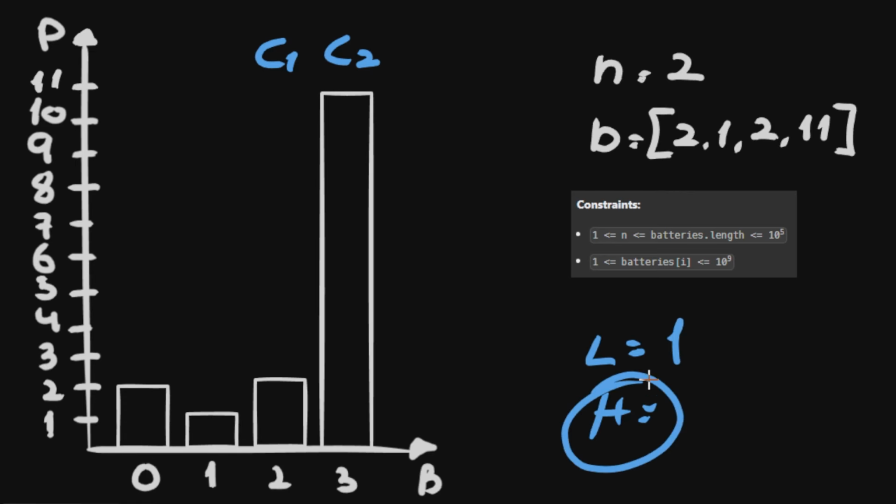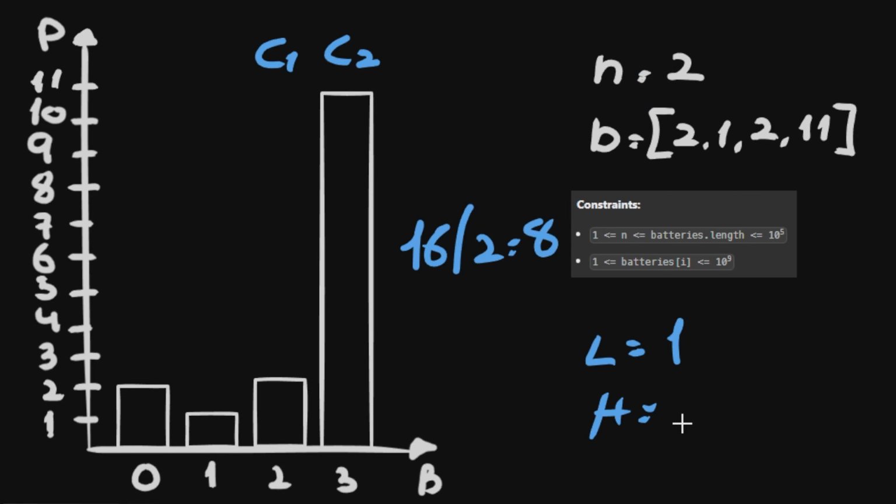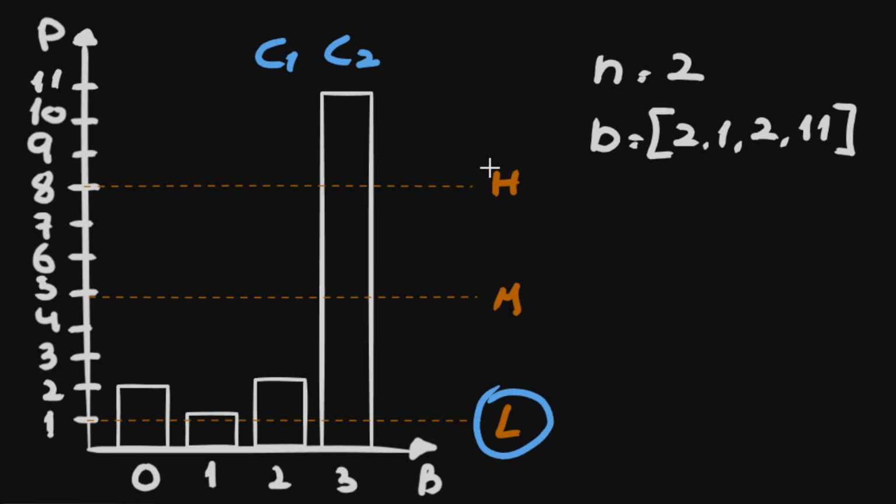And for high, we can take the sum of this array batteries, which in this case is 13, 15, 16, and divide 16 by the number of computers. This divided by 2 is 8. So with all of this power, we will never be able to use more than 8 for each of these two computers. So the low bound is 1, the high bound is 8, and the midpoint is 5.